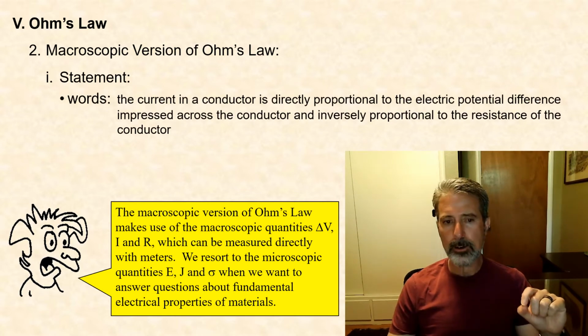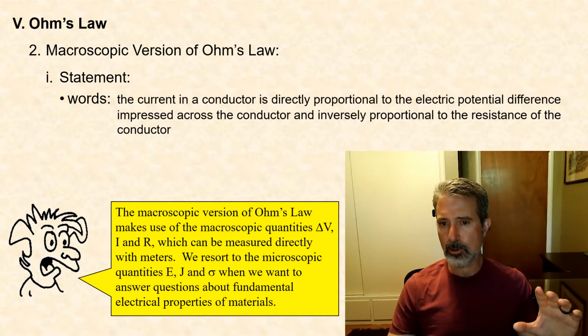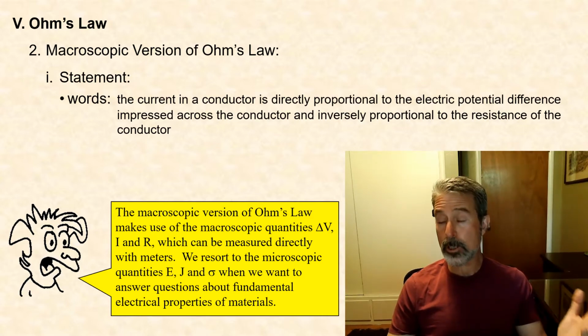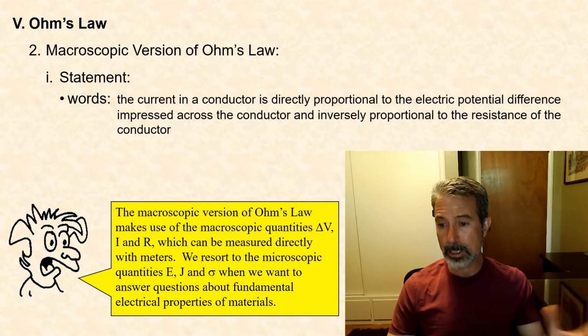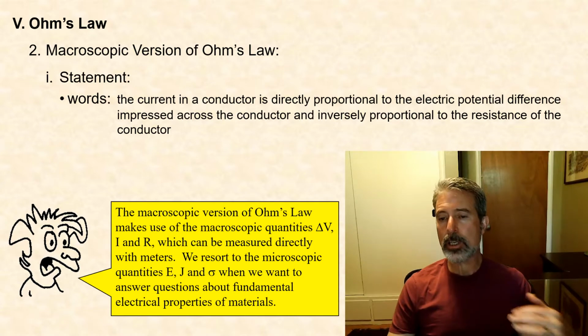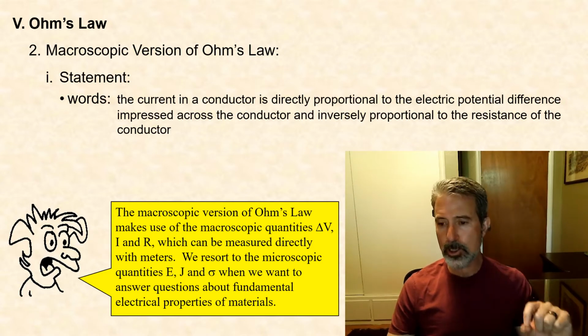What Ohm's law tells us is that the current in the conductor is directly proportional to the electric potential difference impressed across the conductor, which would make sense: greater electric potential difference, greater electrical pressure to drive the current. And the current is inversely proportional to the resistance of the conductor, which also should make sense. The greater the resistance, the greater the obstruction to charge flow, the lower we would expect the current to be.